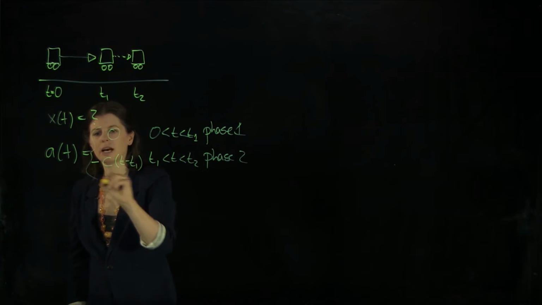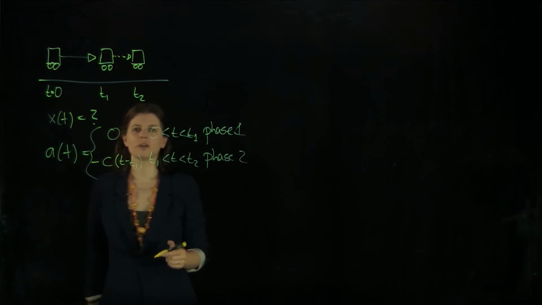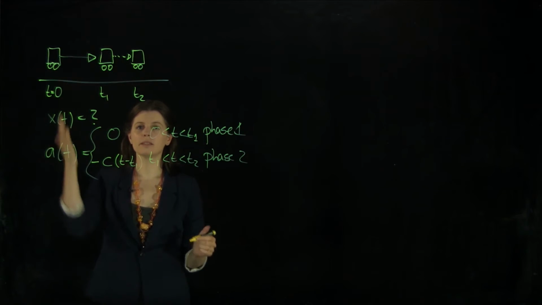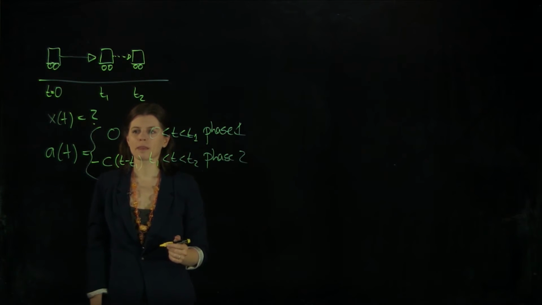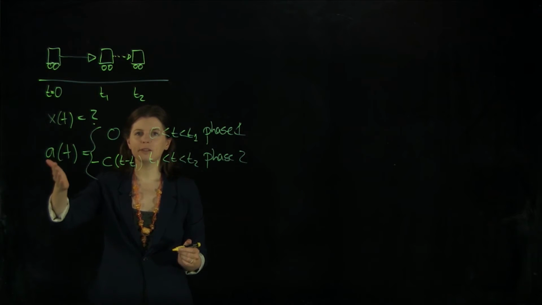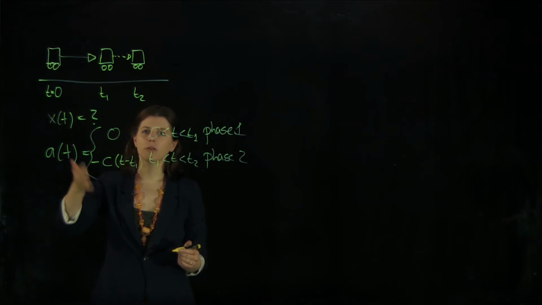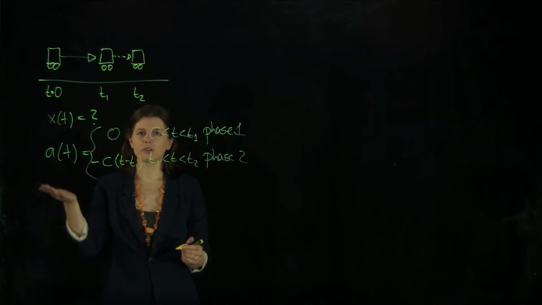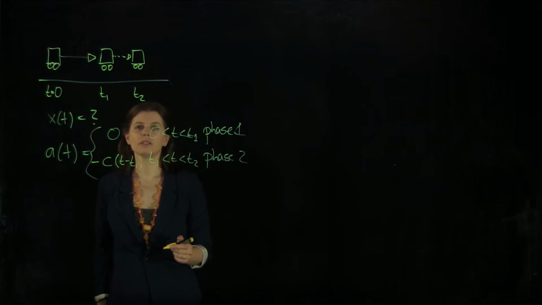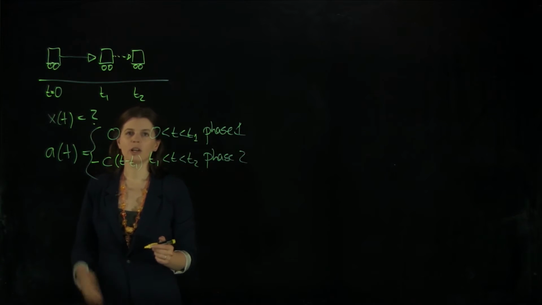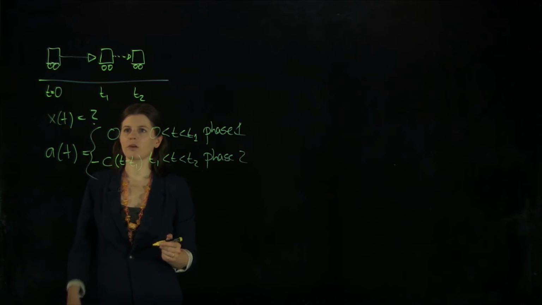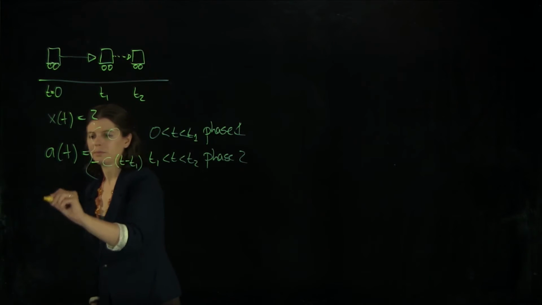So this is our acceleration information that the problem has given us. And we know, of course, that if we integrate the acceleration, we're going to get to the velocity function. And if we integrate that one again, we're going to get to our position function. So let's do that first for phase 1.